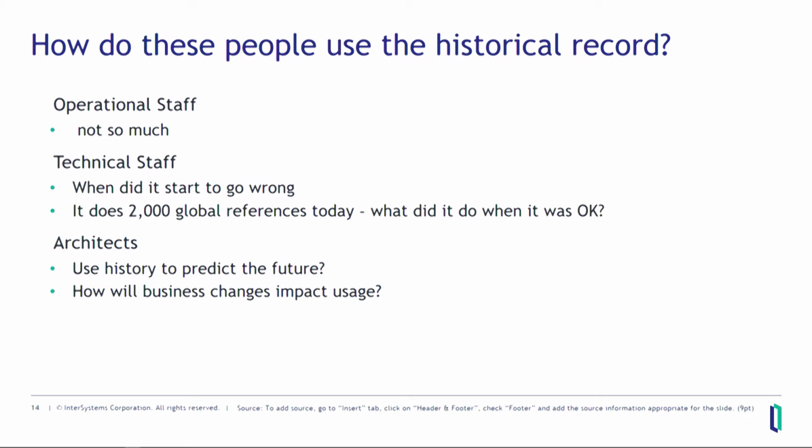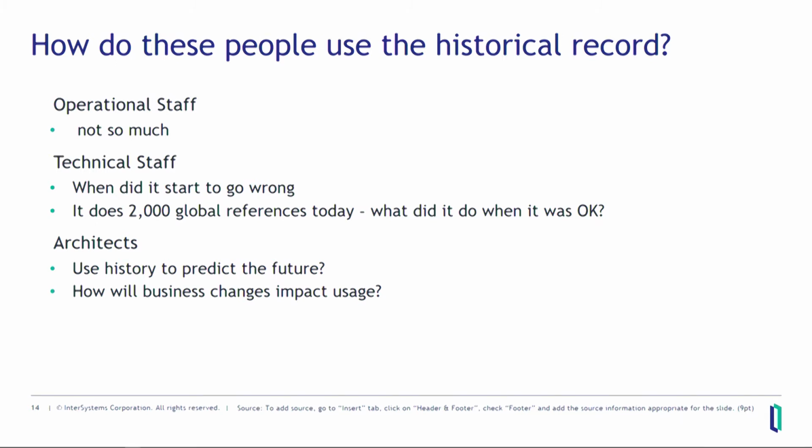And nobody knows the answer. What was the performance last week? Okay. Well, it's doing 2,000 global references today when it's really slow. How many global references did it do last week when it was okay? I don't know. So without that historical record and the systematic process, you're guessing.